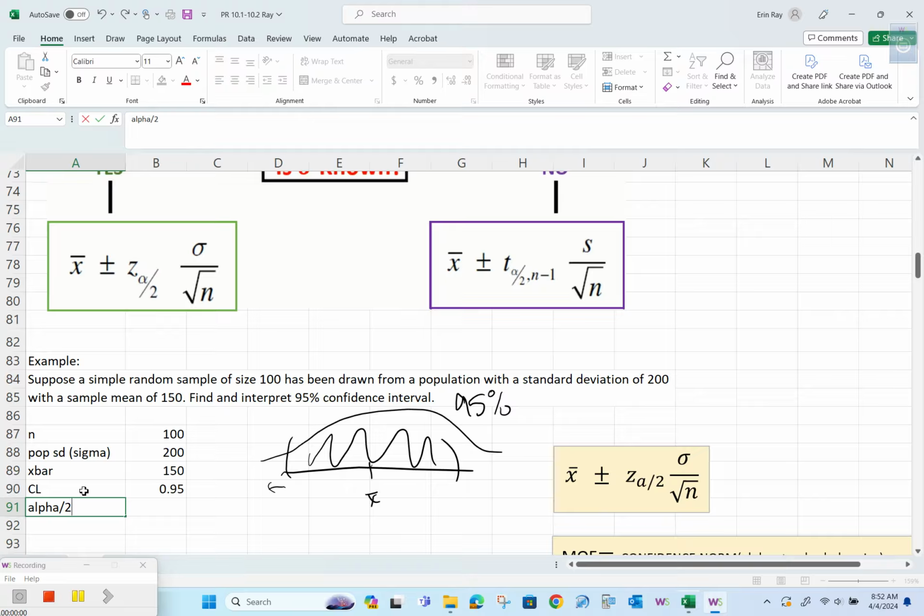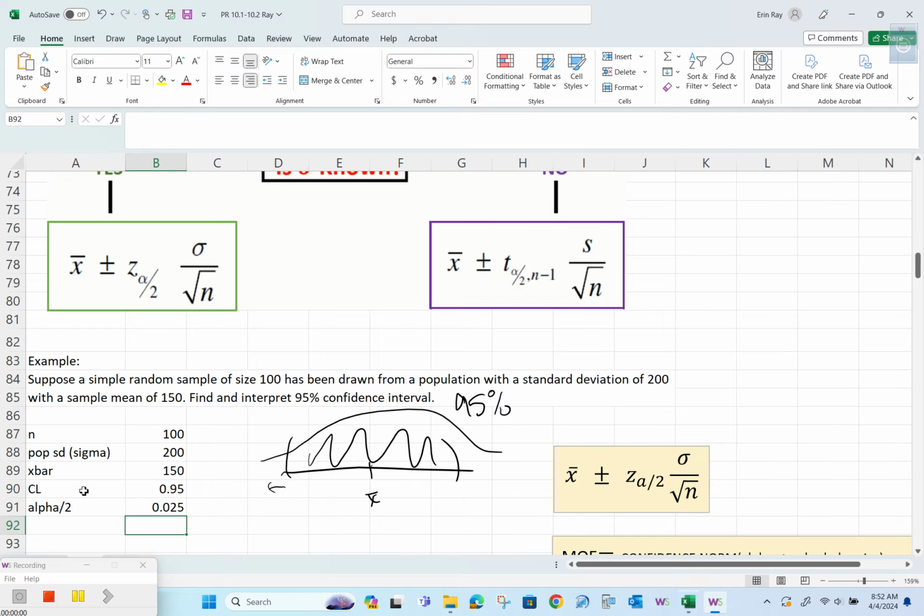But for right now, I'm just going to refer to it as leftovers. So alpha over 2 is leftovers. 0.05 were the leftovers, and I'm splitting it in half because there's 5% between these two tails, but I only want one of them. So that's where this subscript alpha over 2 is coming from. It's just getting that left tail for us for the left side of the interval.